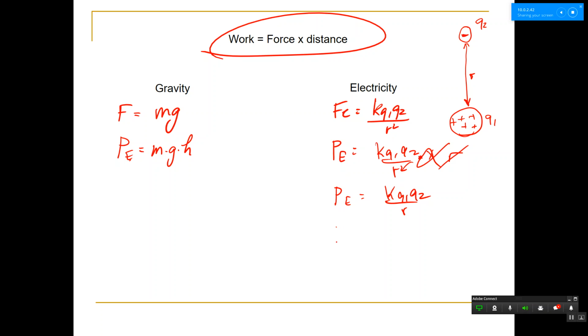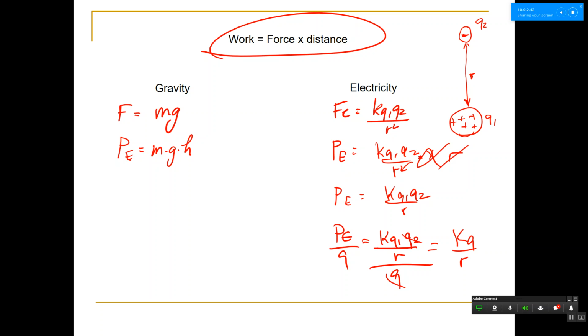So if I want to find the potential energy per charge, I would take this expression divided by Q. I can get rid of that Q and make it so that my expression depends only on the actual object that we're talking about.